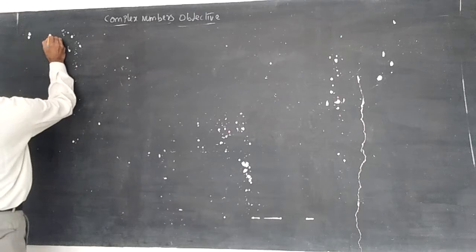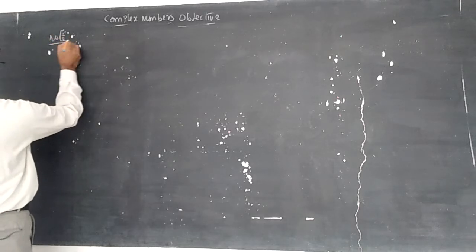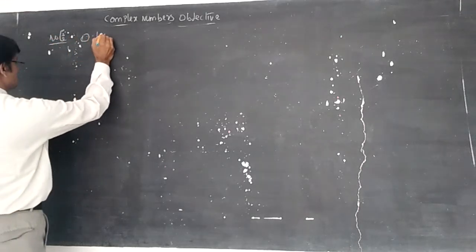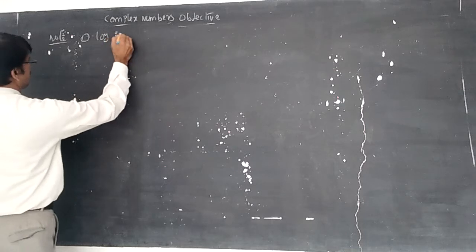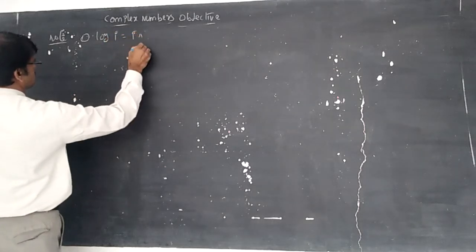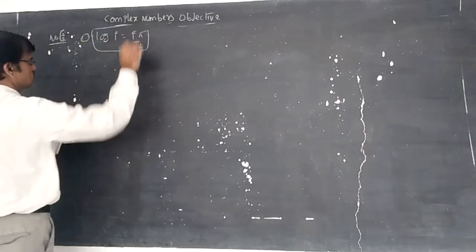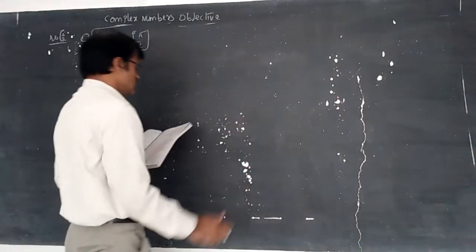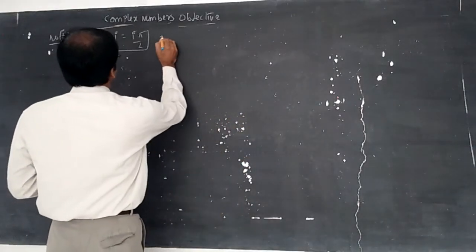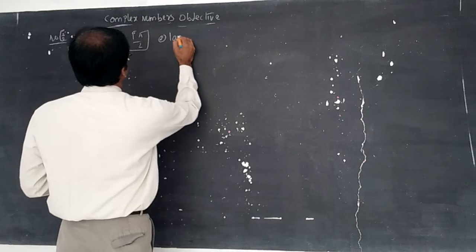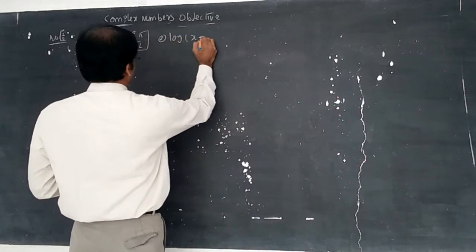Let us write a note here. First one: log i is equal to i pi by 2. This is a most important formula. Just here I said. And another one, second one, log of x plus iy.